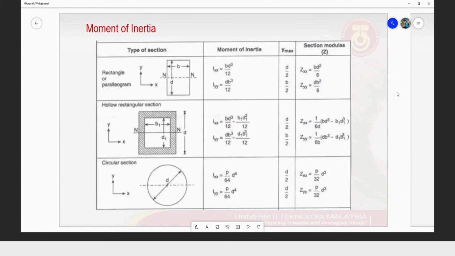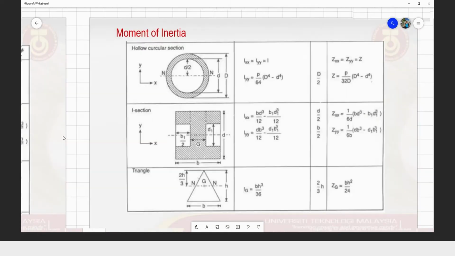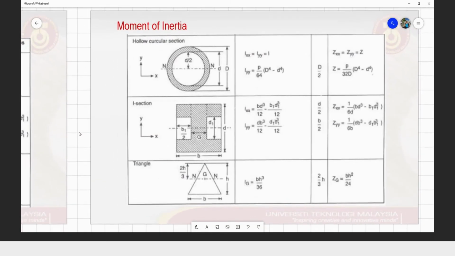So moment of inertia depends on how you look at the structure itself. Then you may have two moments of inertia, IXX, IYY. Yang ni pun saya tak nak discuss, tapi saya letak sini supaya bila kamu tengok benda ni, oh I have done this before during my solid mechanics ke apa kan.